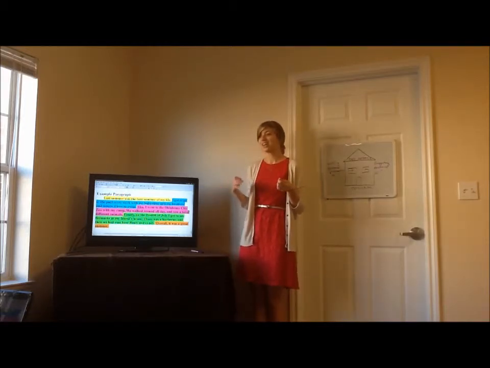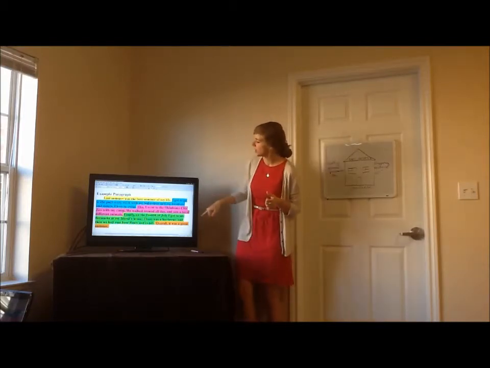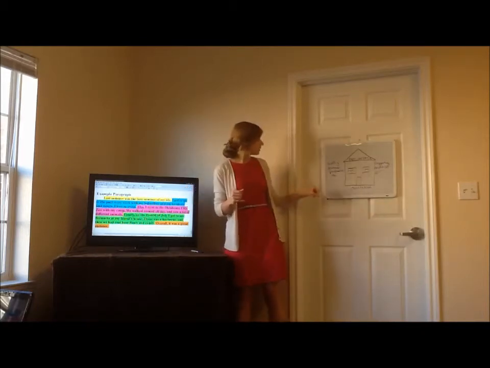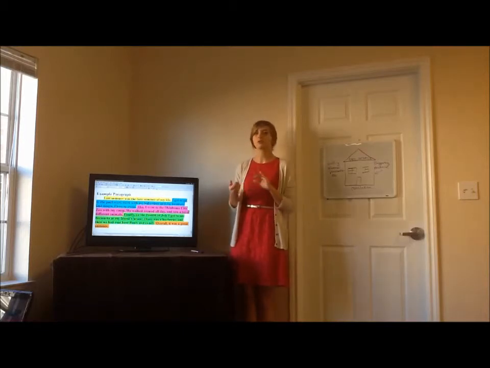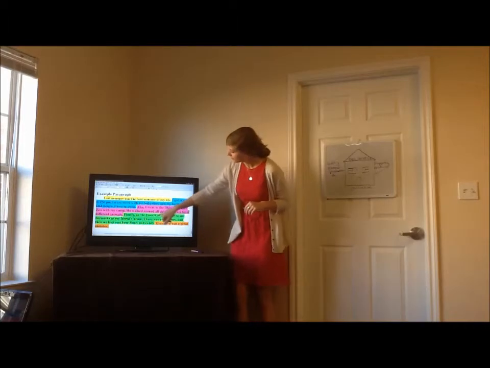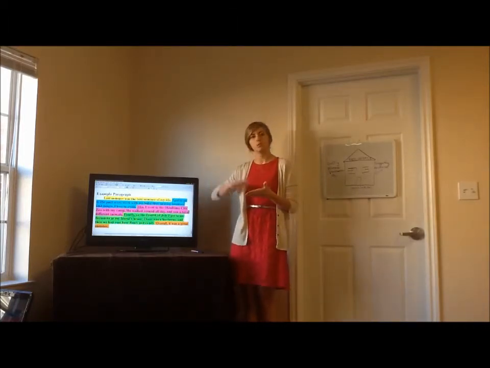Transition words. Yes, exactly, Sage. Those are transition words. So what transition words do is help you flow smoothly from one sentence to the next. And those can be thought of as part of your materials that you build your house, along with your spelling and your grammar and your punctuation. So you use your transition words to help each sentence flow smoothly from one to the next.